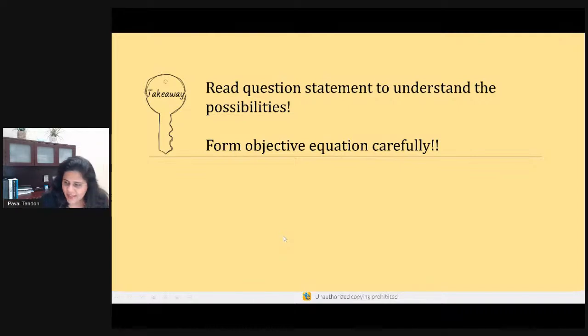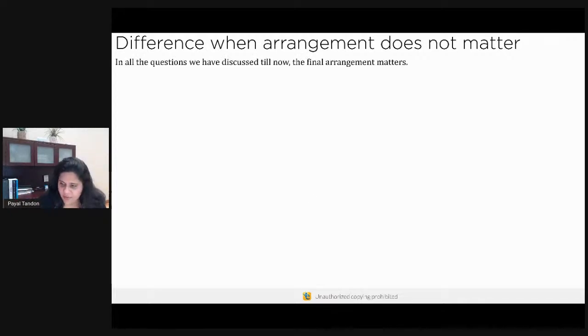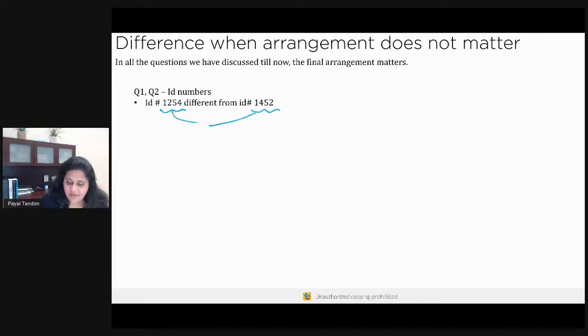All right. So let's move on to our next segment. Now here, I want you to think about so we're going to discuss certain scenarios over here. Now in this case, what we saw was we were creating ID numbers wherein 1254 was different from 1452. Now again, both of these have the same digits, right?